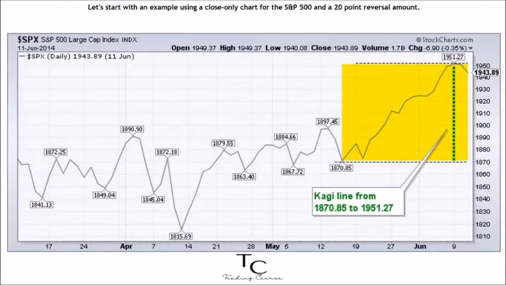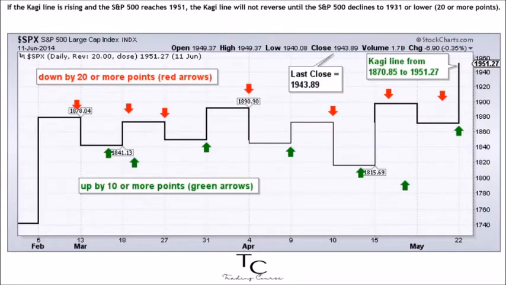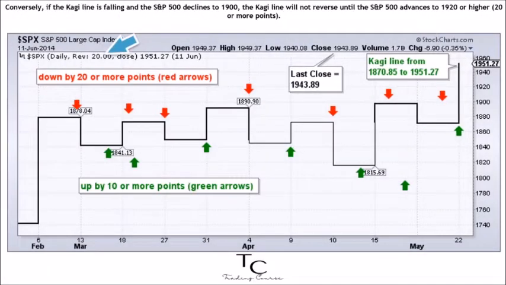Let's start with an example using a close-only chart for the S&P 500 and a 20-point reversal amount. If the Kagi line is rising and the S&P 500 reaches 1951, the Kagi line will not reverse until the S&P 500 declines to 1931 or lower, 20 or more points.